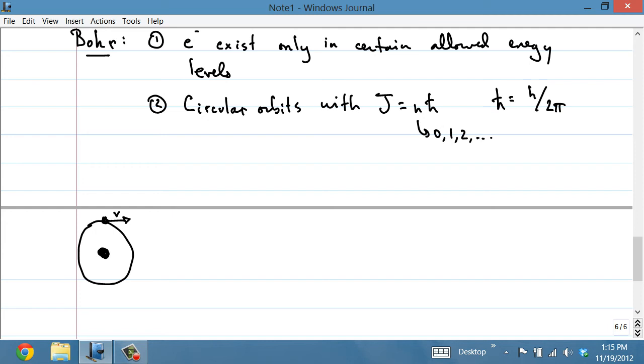And in order for this electron to move on a circular orbit, the force of attraction to the nucleus, due to its electric attraction to the protons in the nucleus, must be canceled by the centrifugal force due to the electron as it moves in the circular orbit.